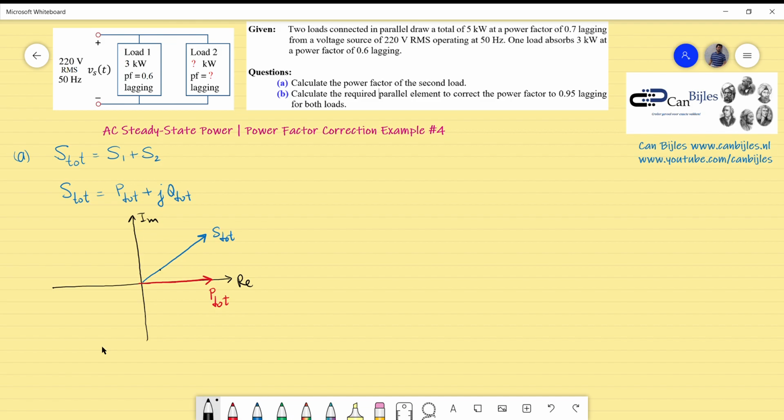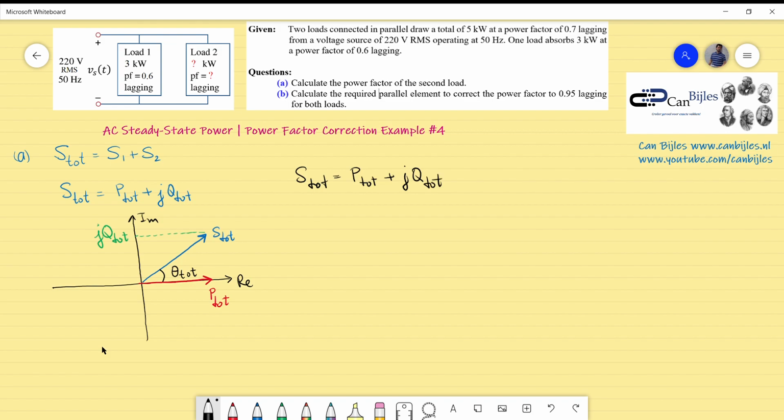Of course, we have a phase, and I will denote it as theta total. And there is, of course, I will denote this in green, the reactive power Q total. So we have S total, Q total, P total, so we can write the following: S total vectorially is equal to P total plus jQ total.